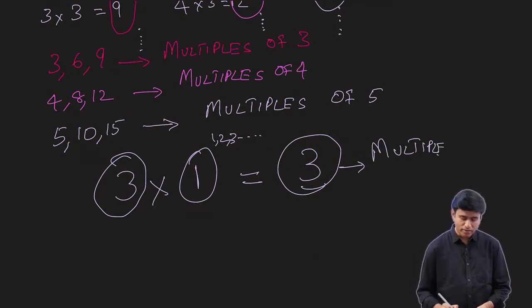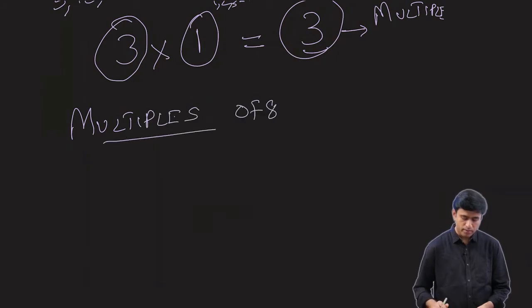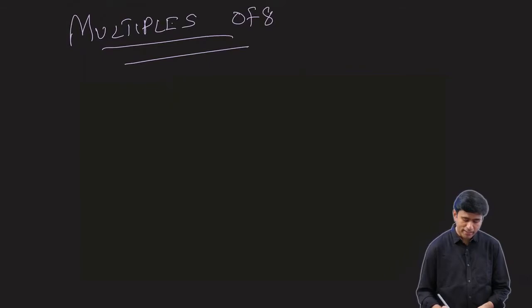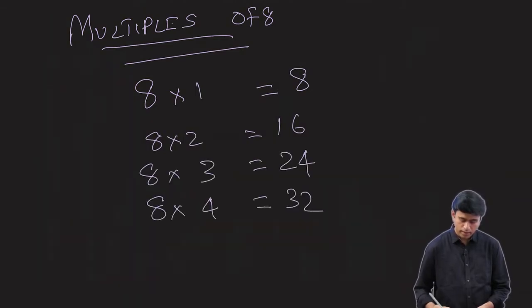Now let's try finding out the multiples of 8. What are the multiples of 8? 8 ones are 8, 8 twos are 16, 8 threes are 24, 8 fours are 32 and so on.